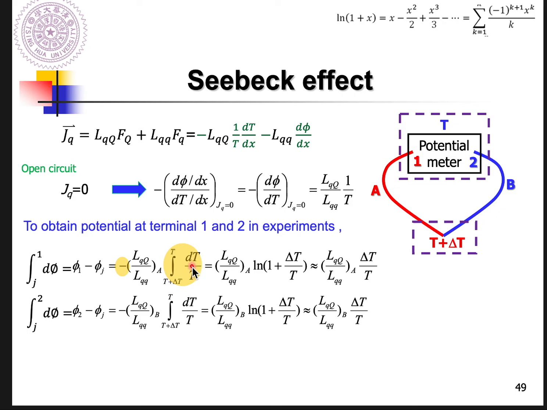and if you take the integral of dT divided by T, it will be log T, right? So it will be log T minus log (T plus delta T), which gives you log of 1 plus delta T over T. Because if we assume delta T over T is very small, then based on the approximation log(1 plus x), if x is quite small, we can approximate it as x.